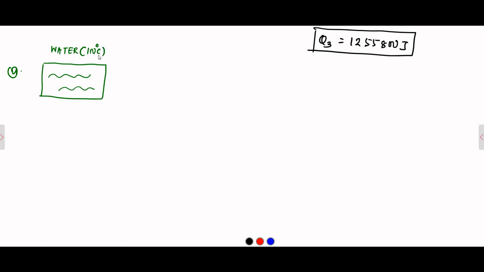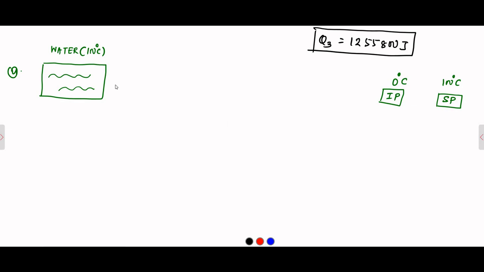In that case, it is the ice point, 0 degrees Celsius. So always in these kinds of questions involving ice and water, always remember two important temperatures: 0 degrees Celsius and 100 degrees Celsius, the ice point and steam point. These two temperatures are very critical. We always use these as the reference points, lower fixed point and upper fixed point.